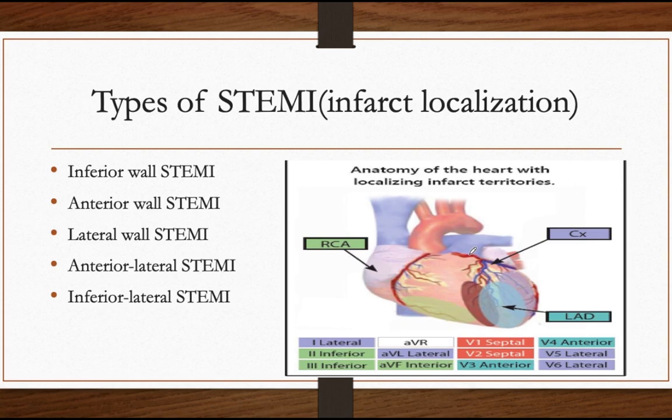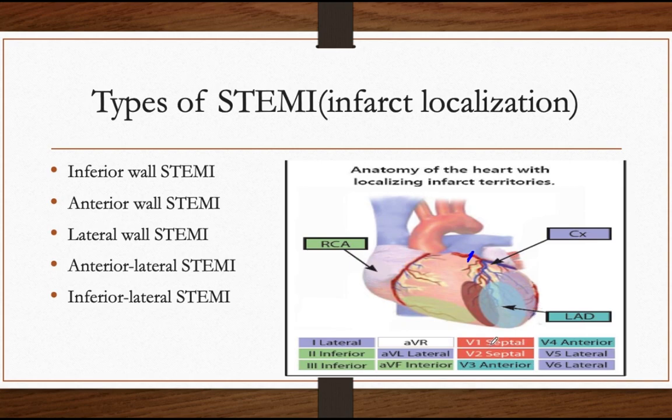And so if there is any occlusion in the proximal part of the left coronary artery, as I've indicated over here, that means all the areas downstream of the left coronary artery are going to be infarcted, and this will usually be a massive infarction with a very poor prognosis.